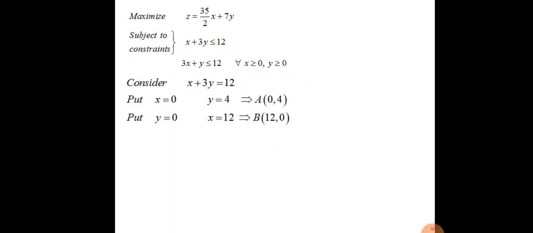Before the third step, we solve. Consider x plus 3y equal to 12. Put x equal to 0 in this equation, we get y equal to 4. That is our first point, A (0, 4). Put y equal to 0 and we get x equal to 12. This is our second point.